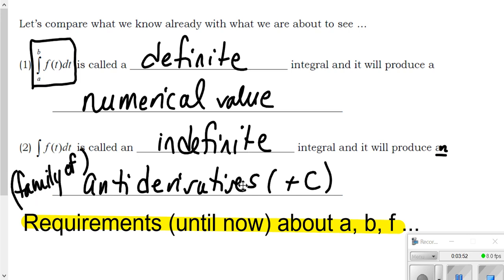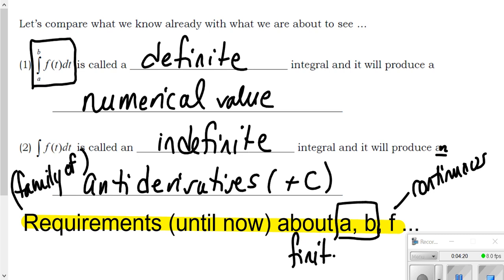Okay, now until this point, we've had these conditions that have been stated, but not really important because we didn't deal with the other case. So we have always been integrating a continuous function, right? Which would mean no things like vertical asymptotes. And we've also only had bounds that were finite.